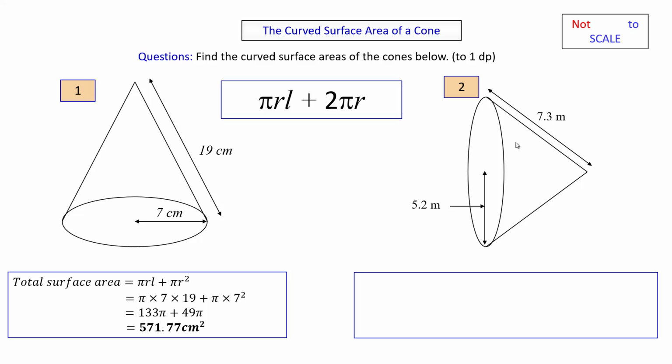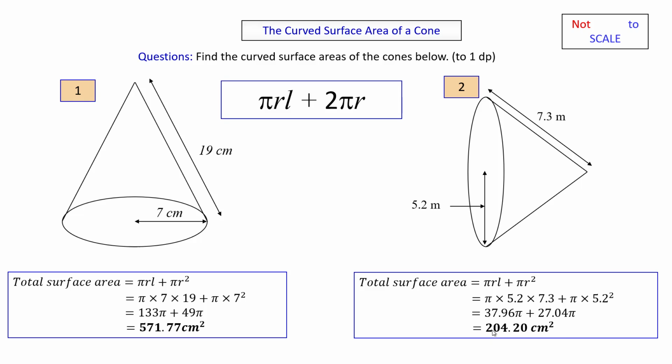And on question 2, slope length 7.3 and radius 5.1. So again, write the formula first, plug in our numbers or substitute our numbers in, and you should have got 204.20 centimeters squared to 2 decimal places. Okay, good.